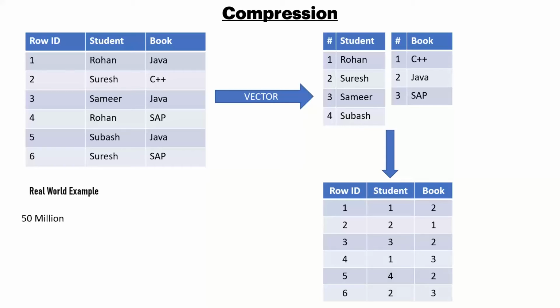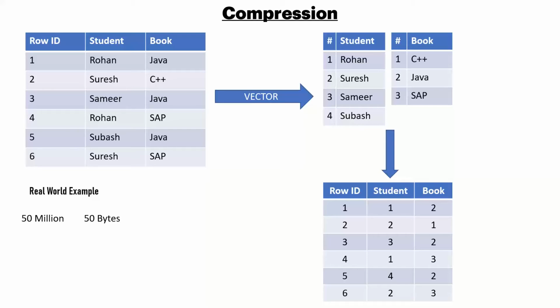Let's take a real world example. Let's take a population set of say 5 crore people, or say 50 million people. If I want to have a citizenship database just with the names, each name will take 50 bytes. It's an approximate calculation, I cannot put a scale to it, but the ratio is proper. Don't worry about the ratio, which will come later.